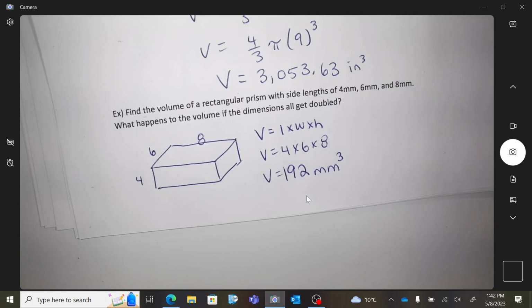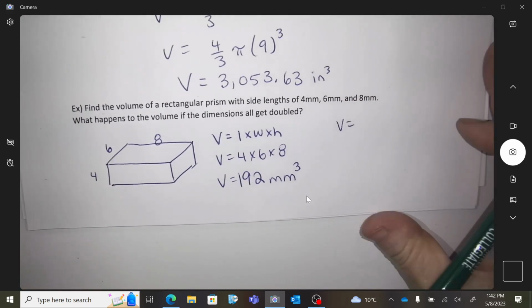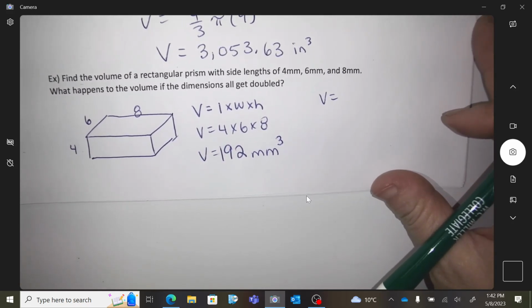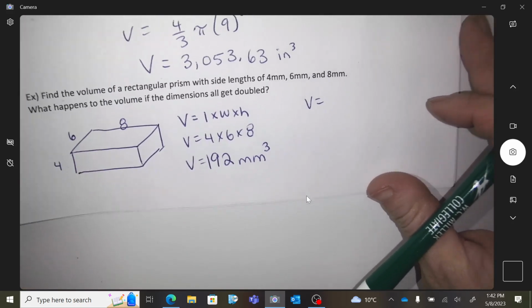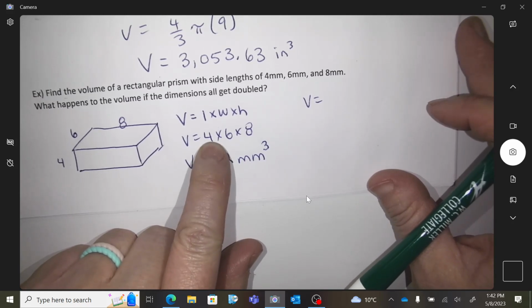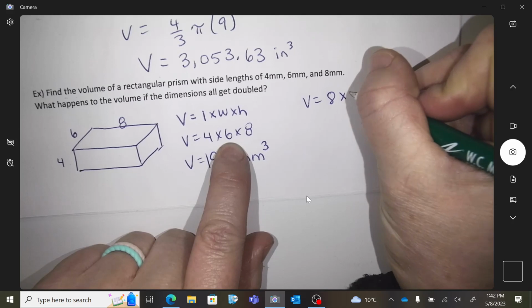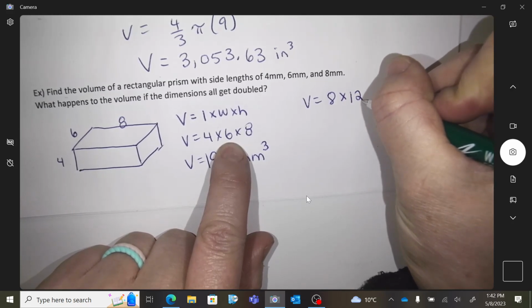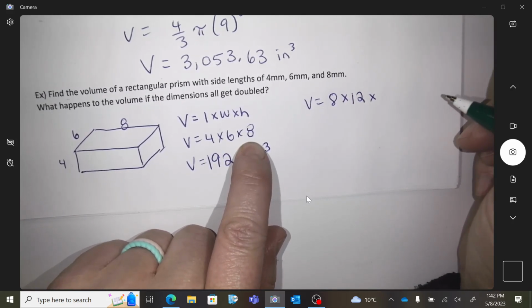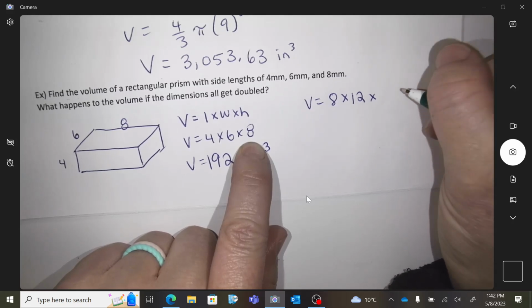Okay, here's a question. What happened to your volume if everything gets doubled? So let's try it out. If it doubles, so 4 will be 8, 6 will now be 12, and 8 will double 16.